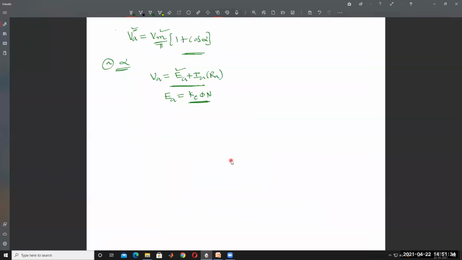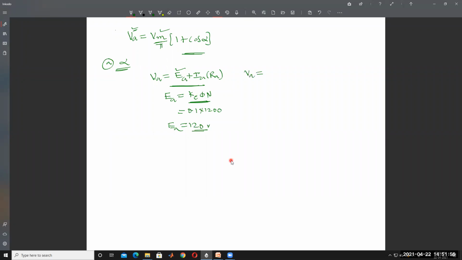Substitute K into pi, that is 0.1, into the speed, 1200 RPM. So you will get 120. Okay, EA is equal to 120 volts. After that, find VA.